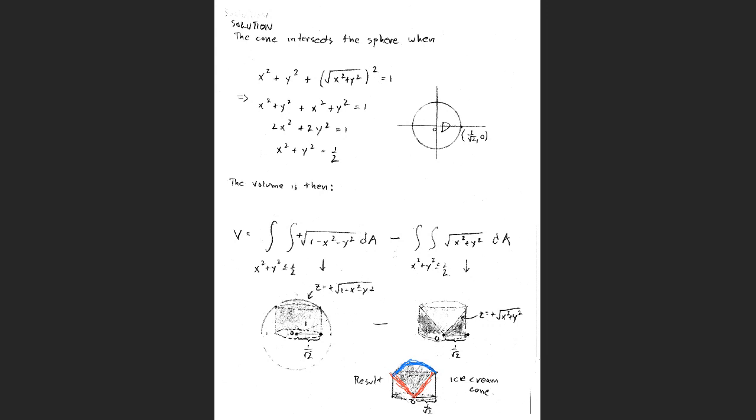This surface on the bottom here of the ice cream cone, is that part of the sphere or part of the cone? Well, it's part of the cone. So you see, Julian, are you okay with that?